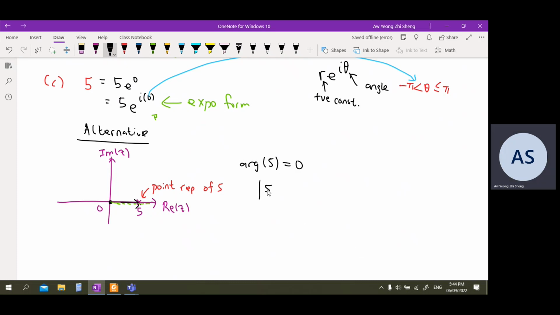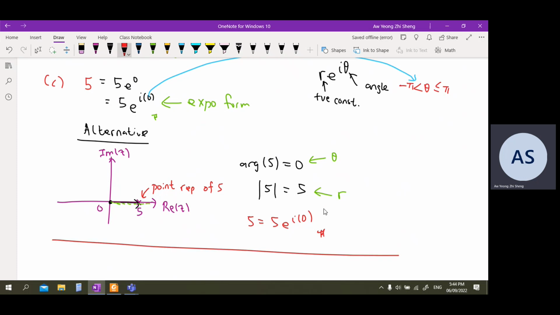And the modulus of 5 will be the length of the black colored vector, which is obviously 5 units. From there, you can take 0 to be theta, 5 to be r, and then you can write 5 to be r e to the I theta. Then it will still end you up with the same answer. So this is the alternative method to do it.